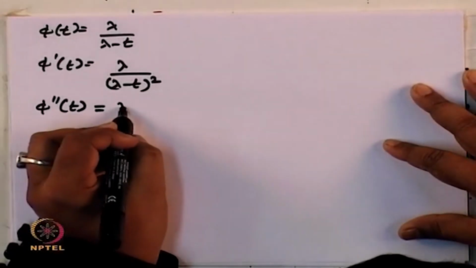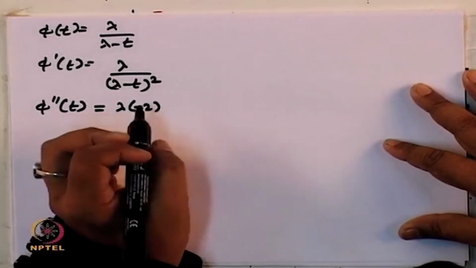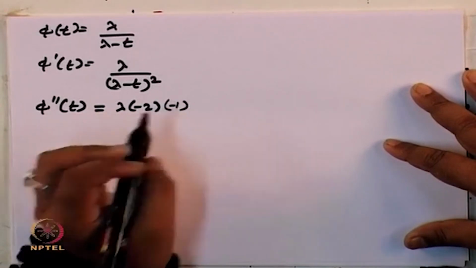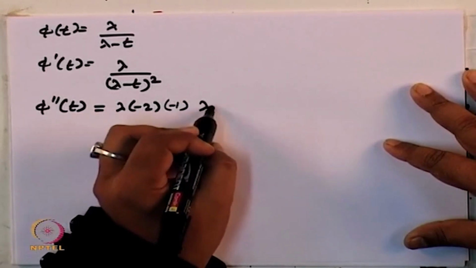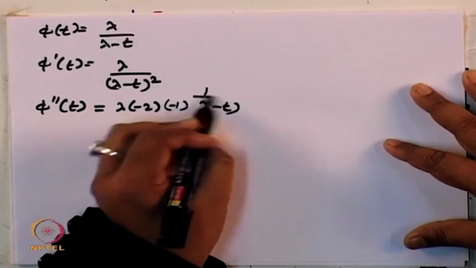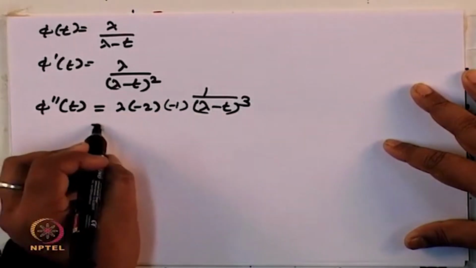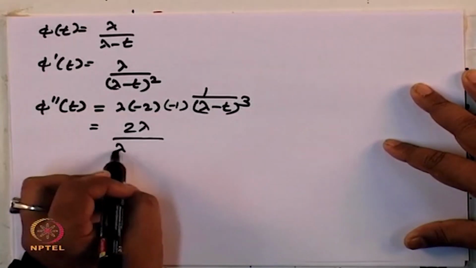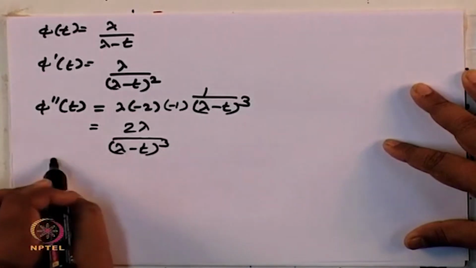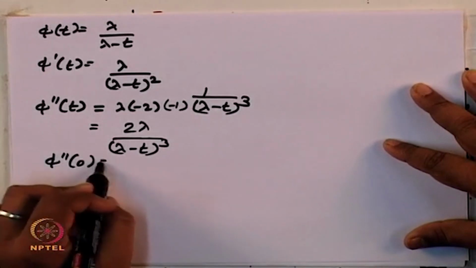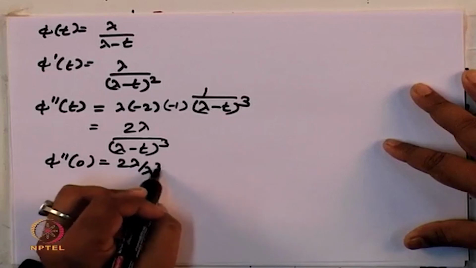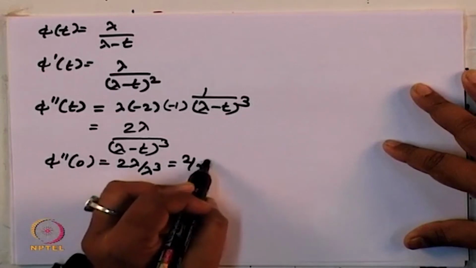2 lambda by (lambda minus t) whole cubed. So, phi double prime of 0 will be 2 lambda by lambda cubed, which is equal to 2 by lambda square.